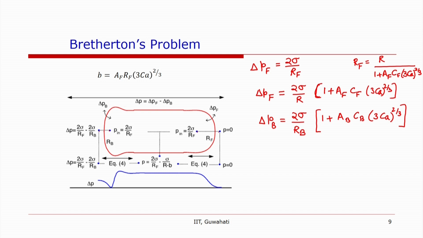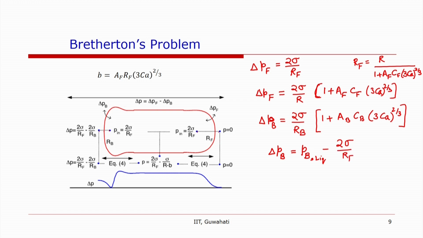So these are the pressure jumps that one can find out, and from this one can also calculate that delta Pb is equal to P at the back of the bubble in the liquid minus P in the bubble, which is 2 sigma over Rf.